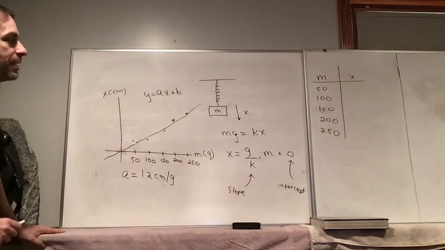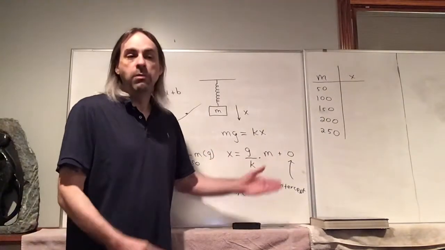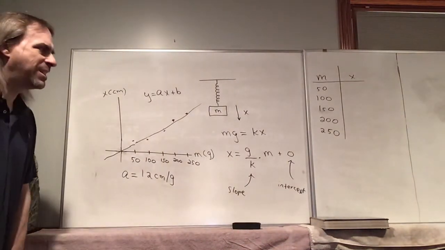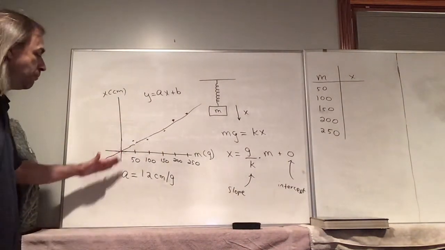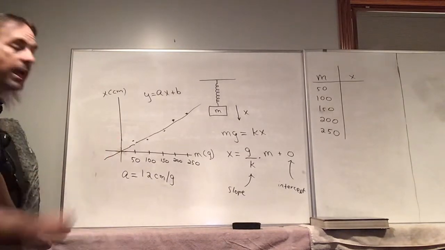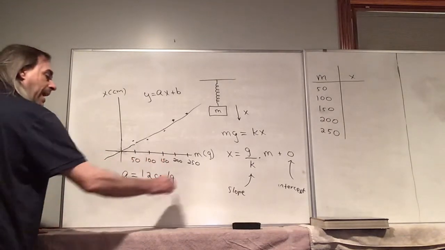But we don't care what b is in this case. We might want to check to see it's close to 0. That'll give us some idea of how good our experiment was. If b was significantly different than 0, maybe we'd want to recheck our results. But our main goal is to get a.